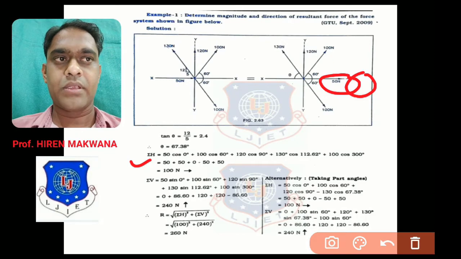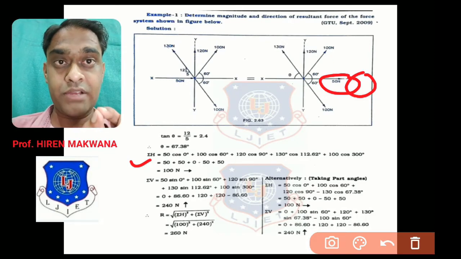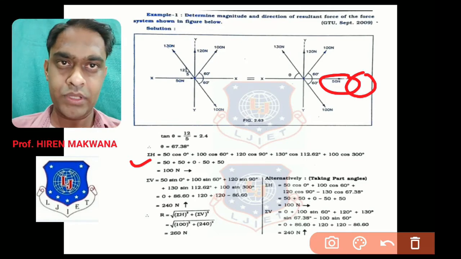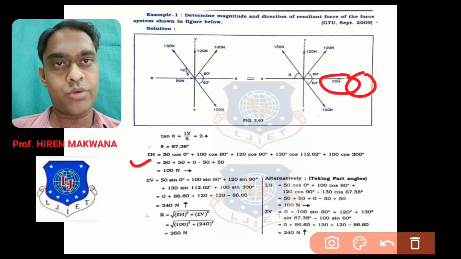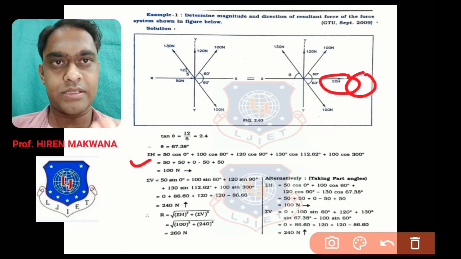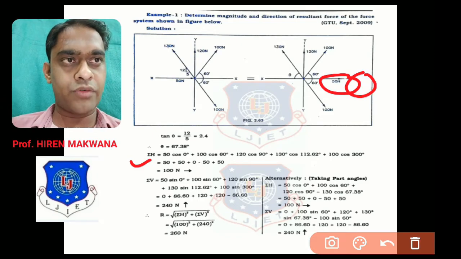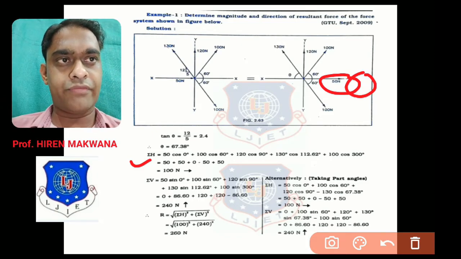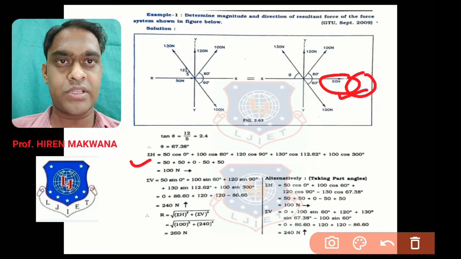Now the angle you have to measure with positive x-axis only for all the forces. Remember this thing, the angle you have to measure with positive x-axis only for all the forces. So what is the angle for this force? The angle of this force 50 is equal to 0 because it itself is on the x-axis.